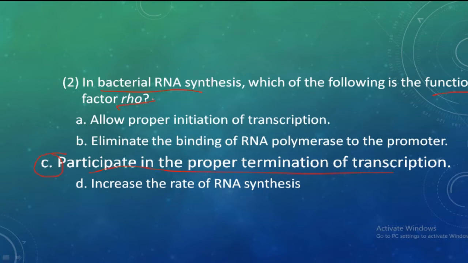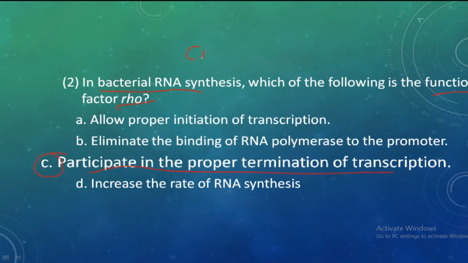I would like to tell you something about Rho factor in bacterial, or prokaryotic, transcription termination. When we talk about prokaryotic termination, it is always of two kinds: Rho dependent and Rho independent. As they have asked about its function, Rho dependent termination uses CA rich sequences.